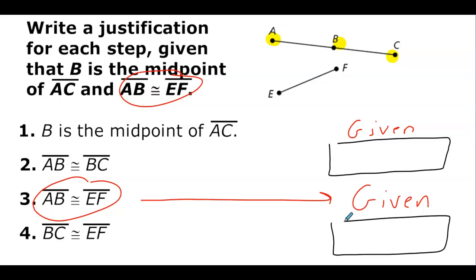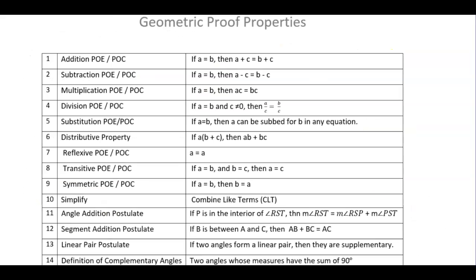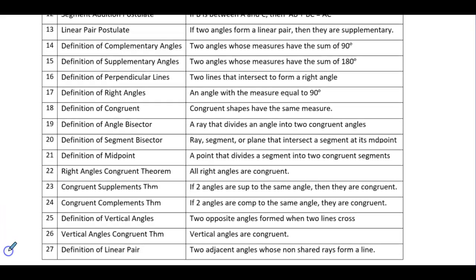Okay, so the first one, AB is congruent to BC. Once again, a lot of times there is a vocab word in the given information. And in this case, you might see they say midpoint. So what I suggest doing, go back to your proof properties sheet, find the word midpoint, and look right there: midpoint, a point that divides a segment into 2 congruent segments.